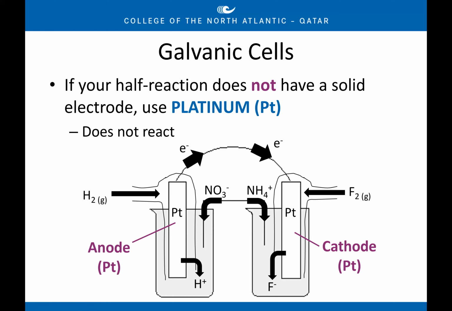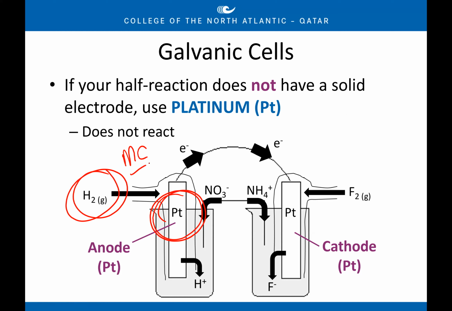So what, we've checked lead and copper and zinc, but what if you wanted to check the electronegativity of hydrogen or something like that? If you don't have a metal, you use a platinum electrode.